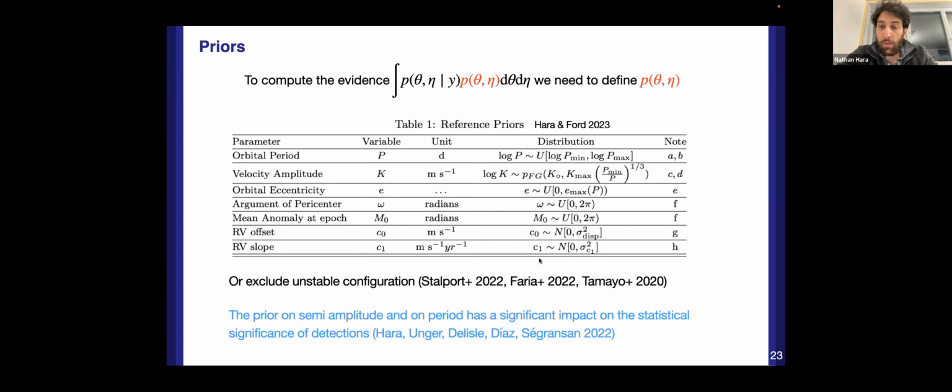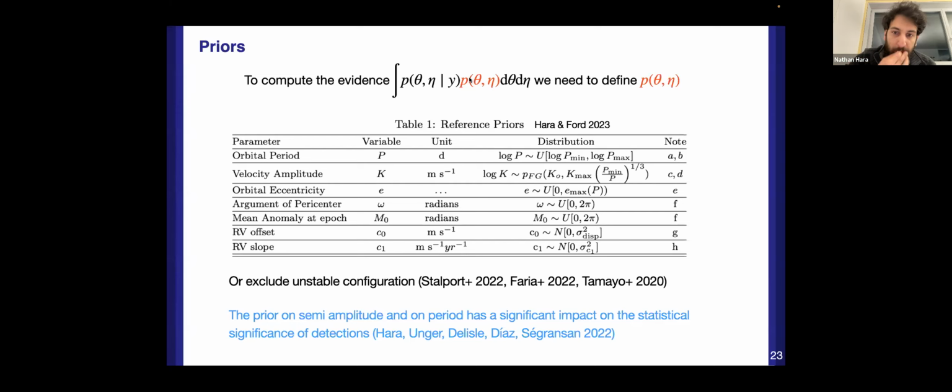So the other part of the model that you have to define is the prior. Especially if you want to compute the Bayesian evidence, you need to compute this term here: the probability distribution of the orbital elements and the nuisance signals before seeing the data. In the review, Eric did a very nice table of reference priors.